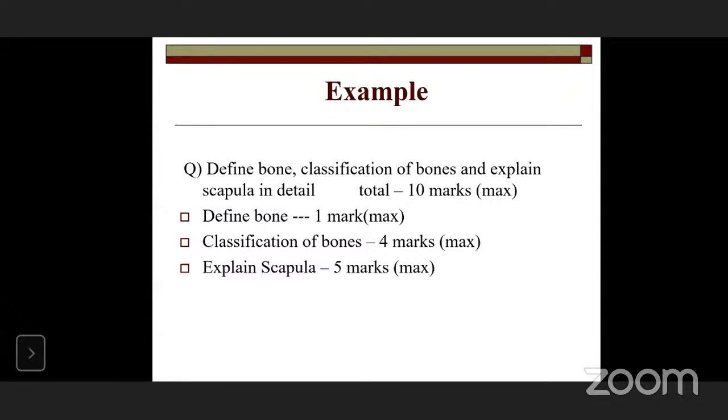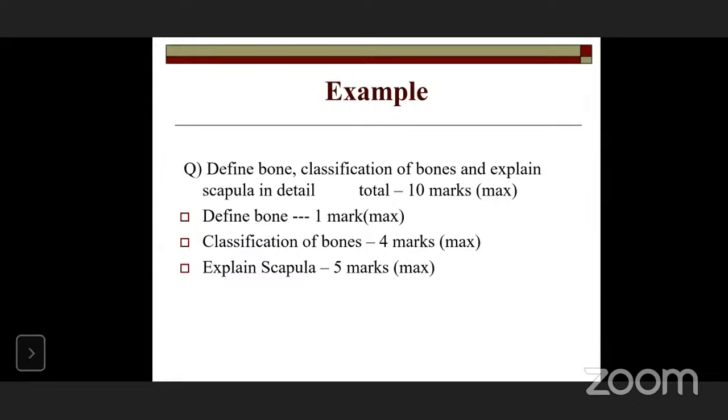So this is very, very important, and you should remember it. Earlier, in the DNB examination, it was like this only: define bone, classification of the bones, explain the scapula, meaning 1 plus 4 plus 5 equals 10, and that itself was explained in the question. Here we proposed that this should be mentioned, but no one is accepting it.